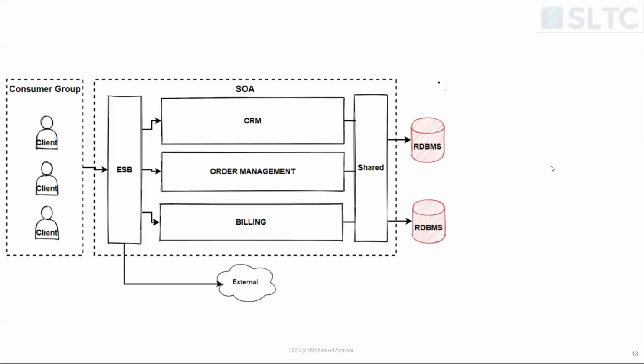Here's another way to look at it, right? So we have a client. ESB stands for Enterprise Service Bus. It's like a highway where all the clients are requesting information, and the ESB will pass it on to the relevant parts and return the information back to the client.